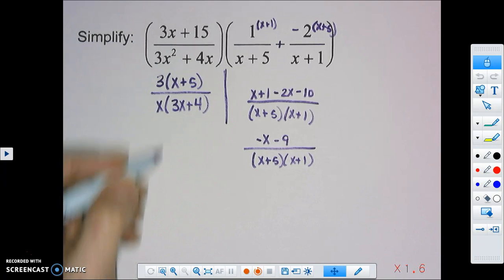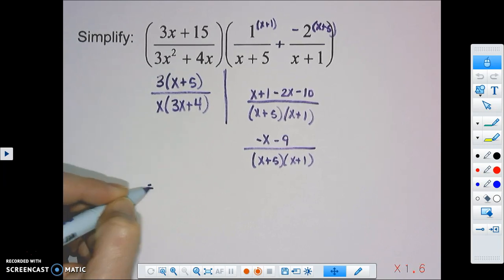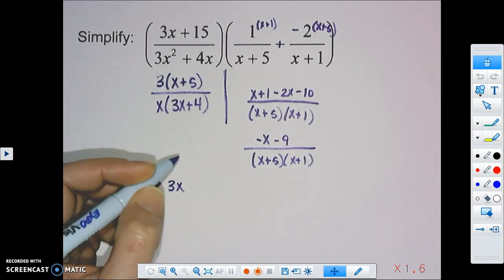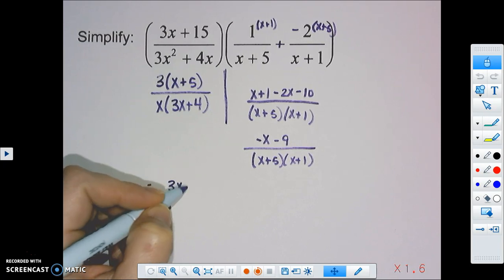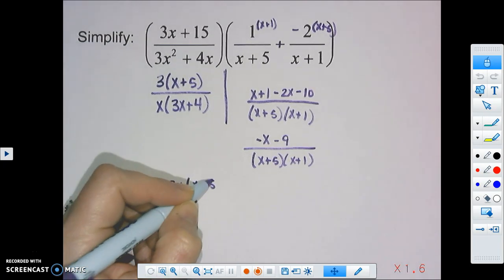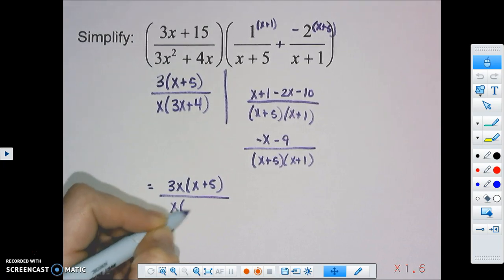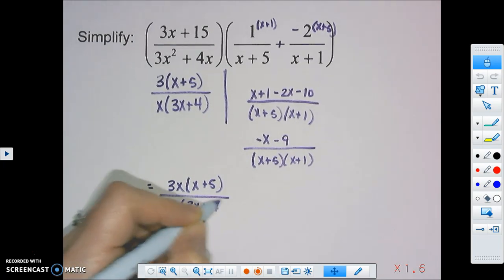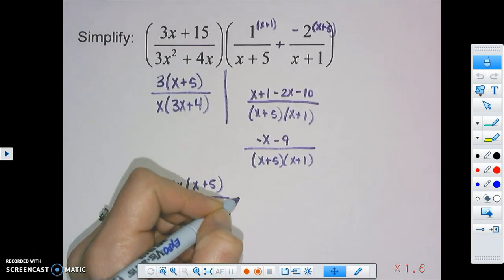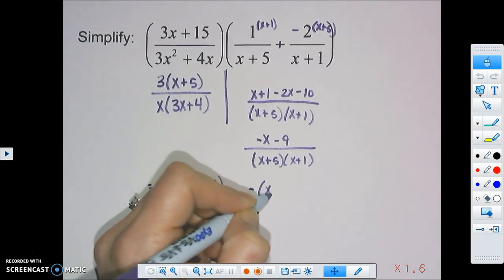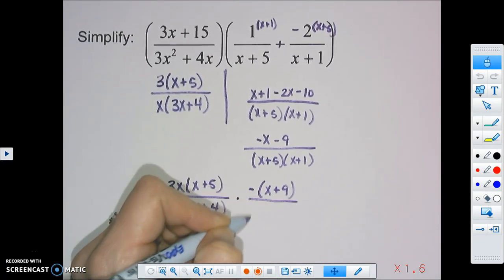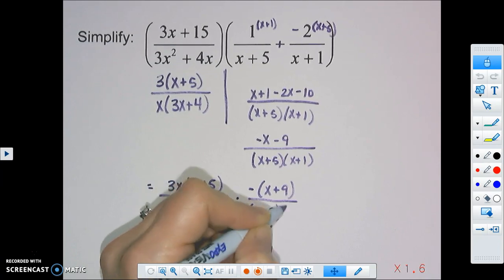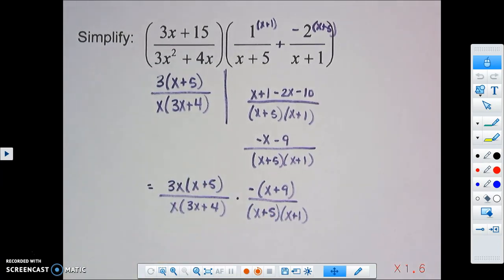Alright, so we're going to carry this part down here. This fraction is going to stay the same. And for this fraction, the only other thing I'm going to do is take out a negative 1 GCF from the top. You wouldn't necessarily have to do that, but it oftentimes will help find another common factor potentially in this process.